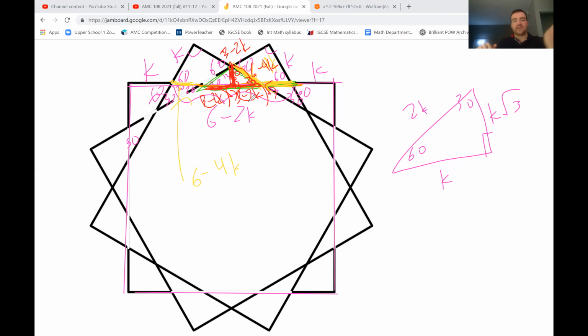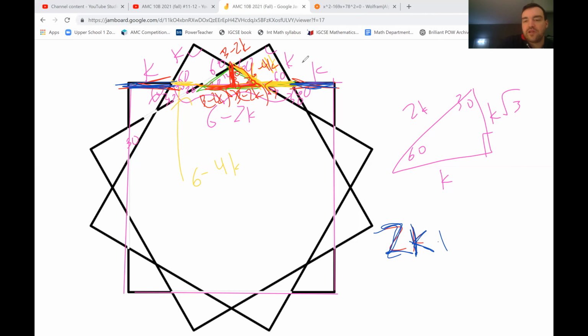So now I can start adding these things together. I have k, but I also have another k, so that's 2k. I'm going to use different colors so you can see what I'm talking about. The blue parts are k, that's what I started with, so that's 2k. Sorry, I know how messy this is.